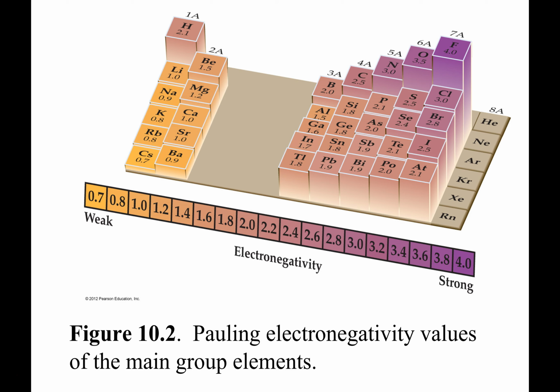So I've got some slides showing you about electronegativity values. So this 0.7 to 4, those are electronegativity values. Those are chi values. Sometimes electronegativity values are called Pauling values. Okay.